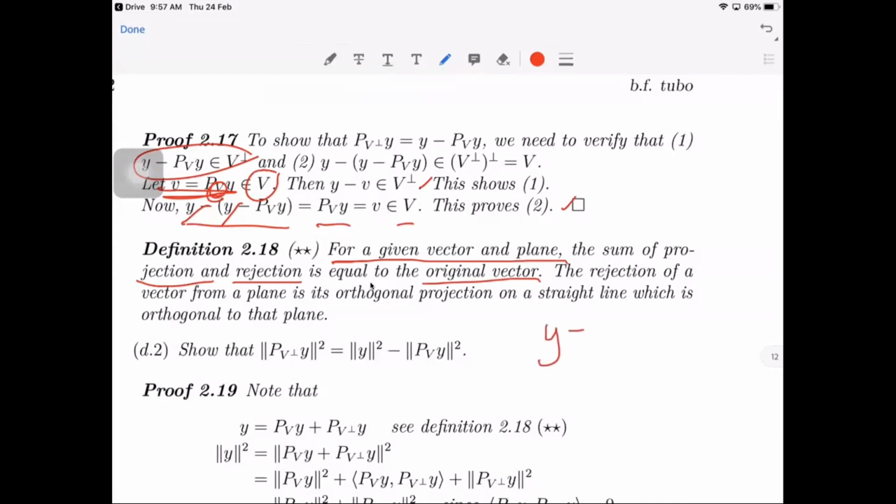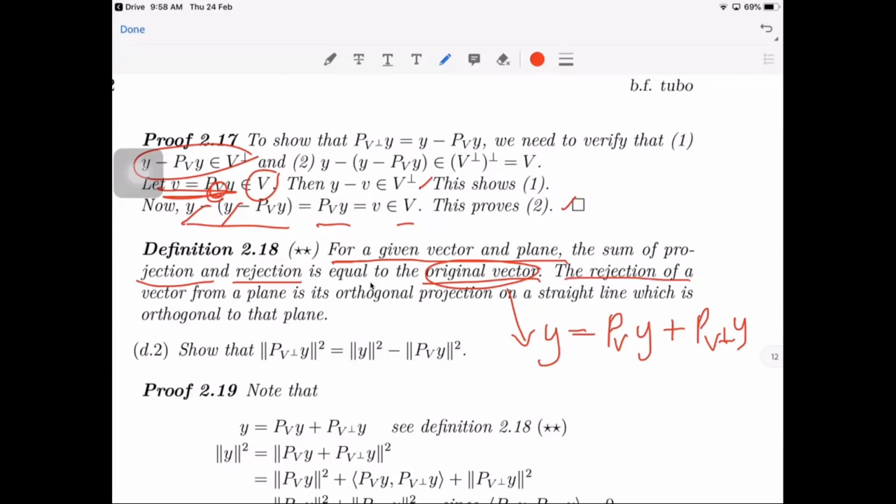The sum of the projection and the rejection is your original vector. The rejection is in V perp.